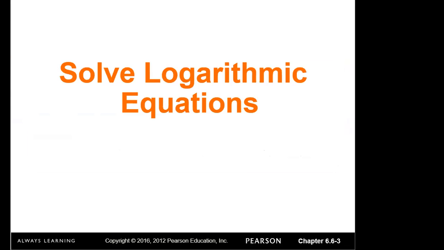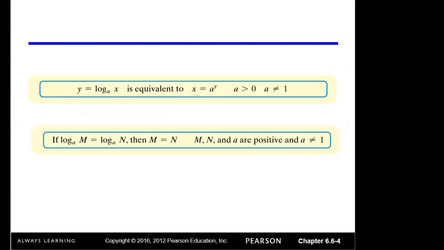All right, so objective number 1, solve logarithmic equations. Okay, we've seen this one before. If y equals log base a of x, that is equivalent to x equaling a to the y. Remember, let's see, I don't remember what colors I used. I think I used pink.